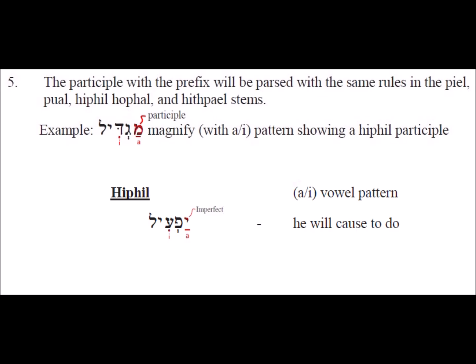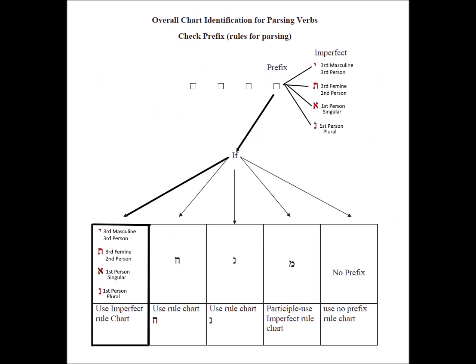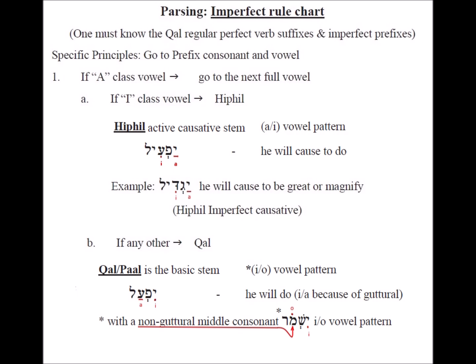So let me summarize. These are imperfect rules to determine what you're looking at. You go to the prefix, and we're using yod as third person; you could have tav or aleph, depending on the person. Using yod as the third person in the imperfect, if it's an A vowel, you go to the next full vowel.